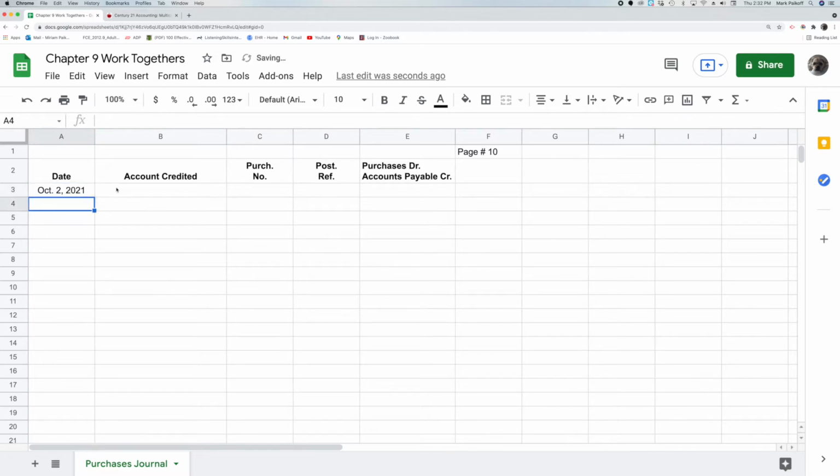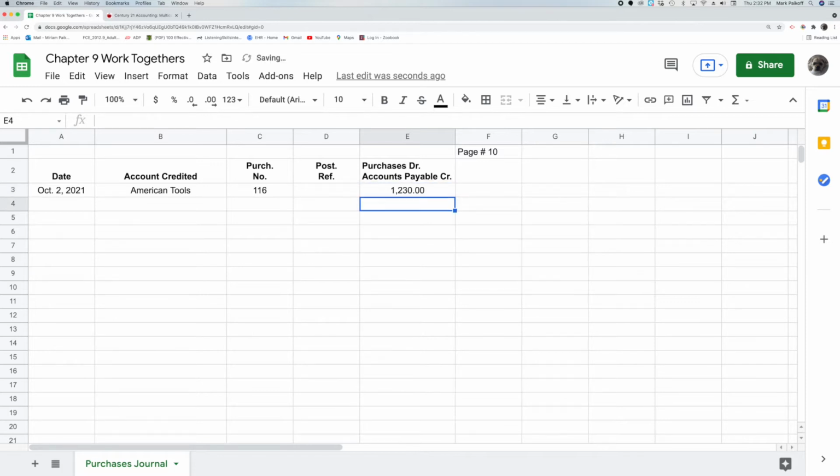Next, we're going to put in the name of the vendor, which is American Tools. After that, we're going to put in the purchase invoice number, which is 116. And then we're going to record the amount in the purchases debit, accounts payable credit column.